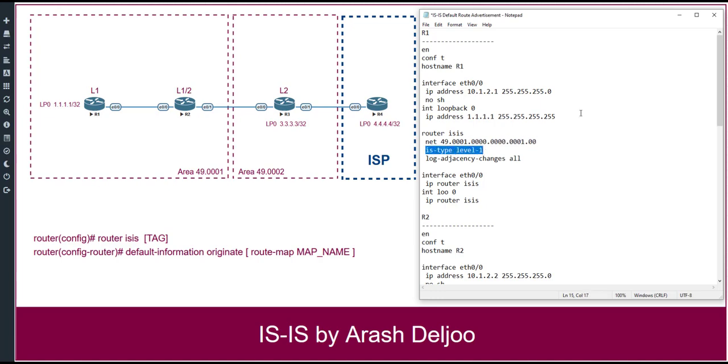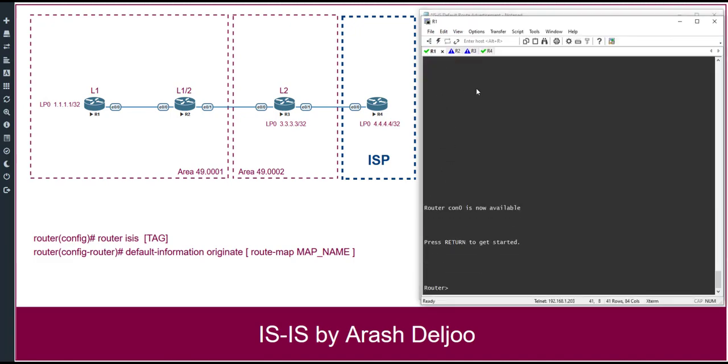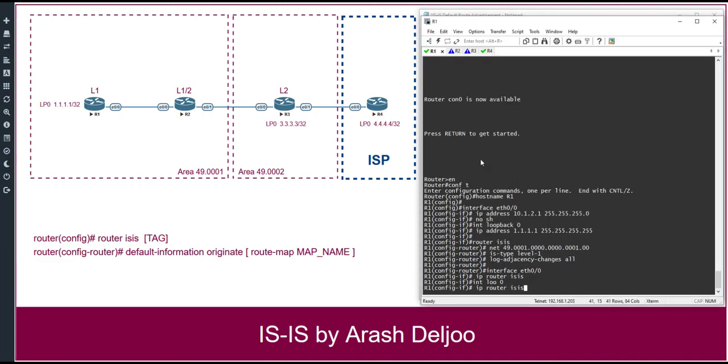Then I configured is-type as level 1. Also I enabled log-adjacency-changes all. Also, we have interface ETH0/0 with the ip router isis command, and also interface loopback 0 with the ip router isis command. Let me copy this configuration and paste it on the CLI of router 1. This is the CLI of router 1, pasting here.